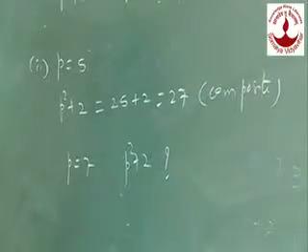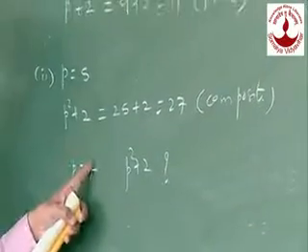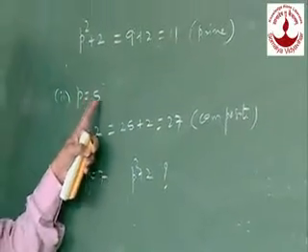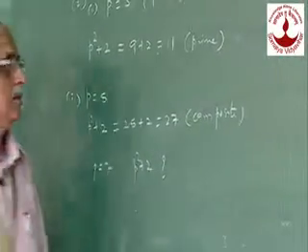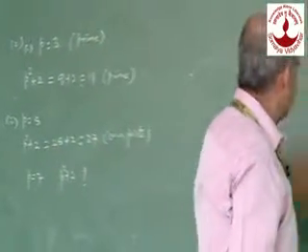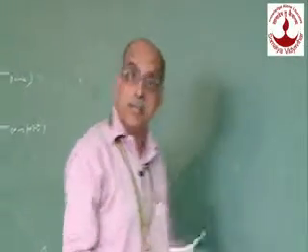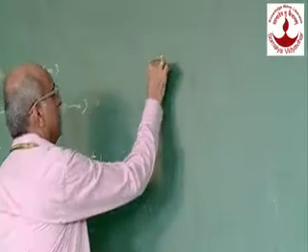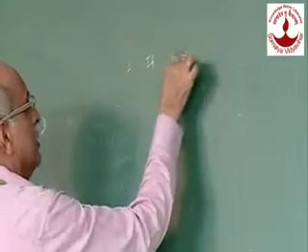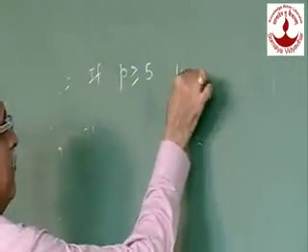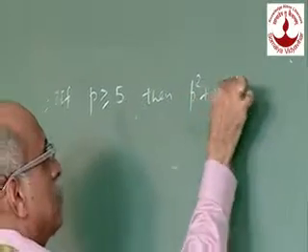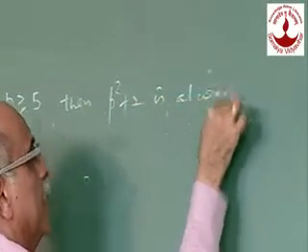So, the general observation is, if P is a prime which is 5 or more, then P square plus 2 is always composite.